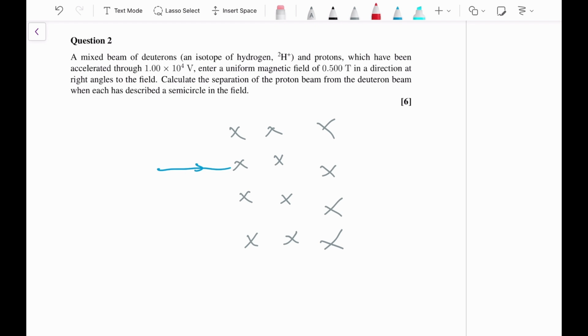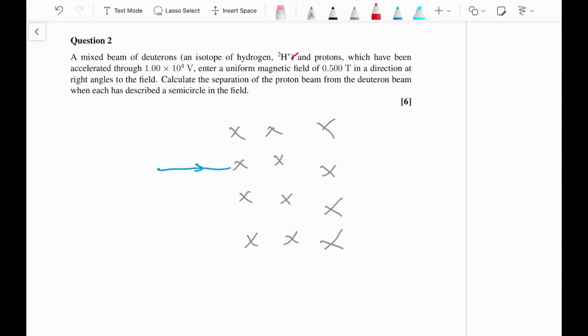So over here it says for the isotope of hydrogen it has 1 positive charge. If it has 1 positive charge, it's the same as protons. So the major difference is just the mass. For protons, its mass will be 1 atomic mass, and then for this it's 2. So let's see.